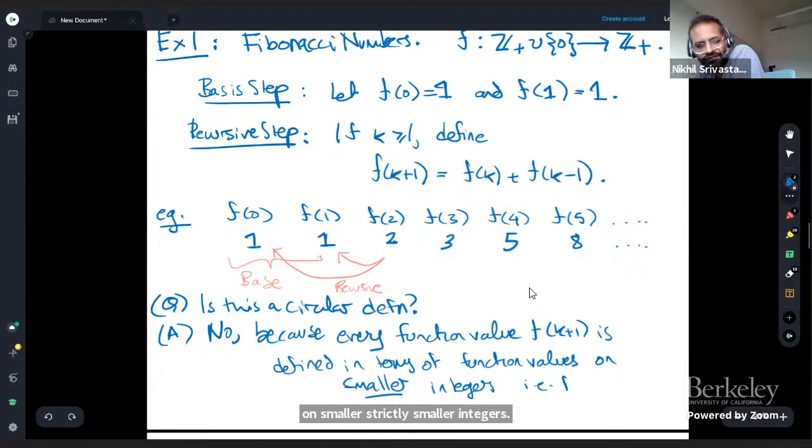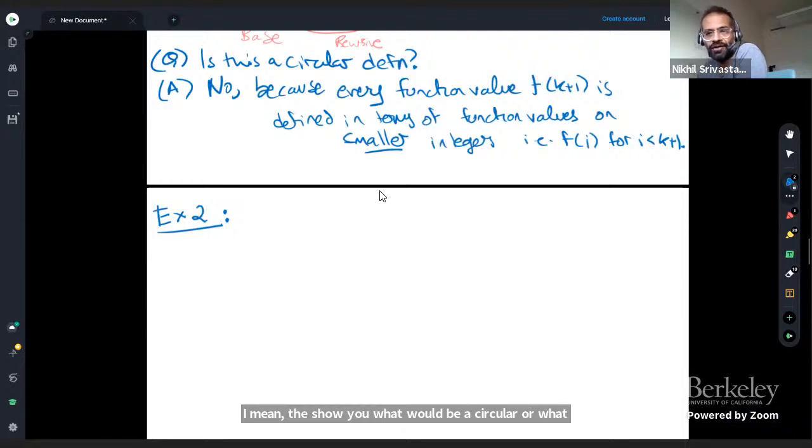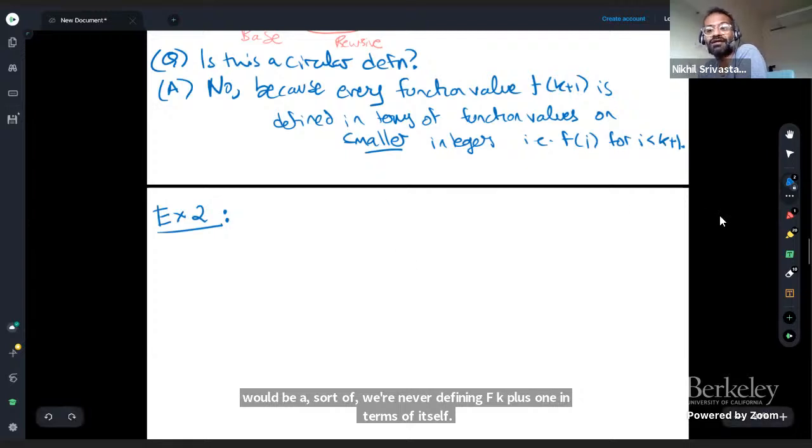So f of i for some i strictly less than k plus 1. That's why it's not circular. We're never defining f of k plus 1 in terms of itself. We're always defining it in terms of things we've already defined.